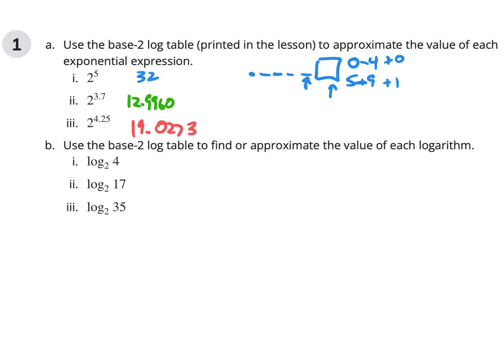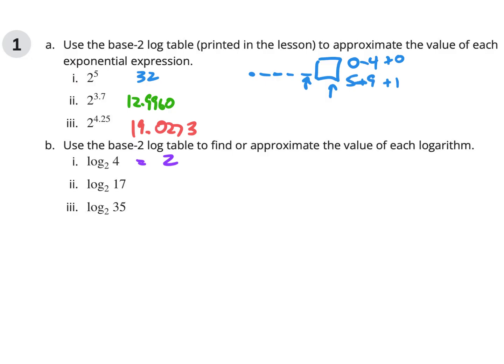All right, so calculator, math, scroll down to 0, put 2 and 4 in there. 2 squared is 4, so the answer is 2. Same thing for the next 2. Math, scroll down to A, hit enter, put the numbers in 2 and 17 and 2 and 35.